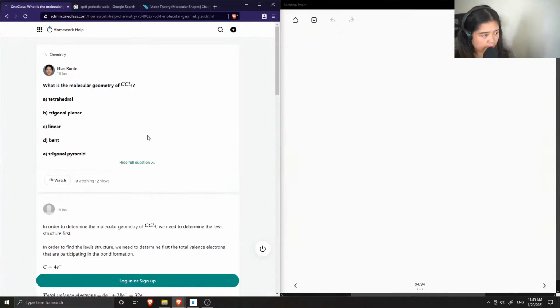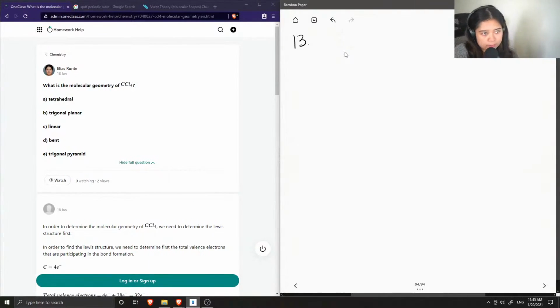Okay, so I think we have time for one more quick question, which is what is the molecular geometry of carbon tetrachloride? So first we need to draw out the Lewis structure of this molecule, and we just need to count out the total number of valence electrons.